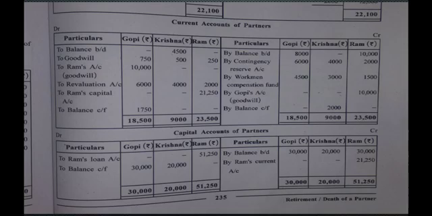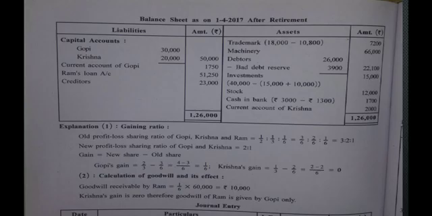Now in your given question, they have not instructed that amount is to be paid in cash or what. So whenever nothing is instructed about the payment, you are always supposed to keep it as a loan. So it is written on debit side to Ram's loan account 51,250. The second effect for this, liabilities, new balance sheet, liabilities side, Ram's loan 51,250.